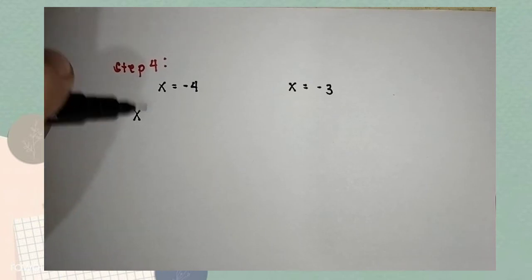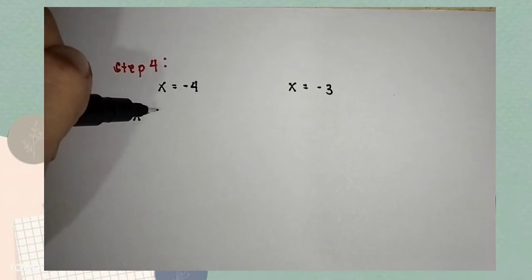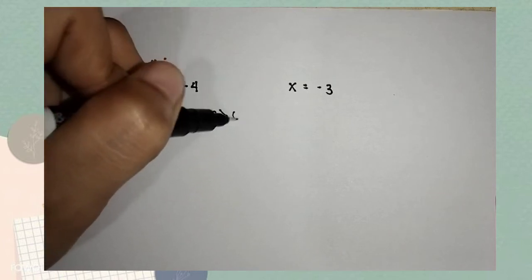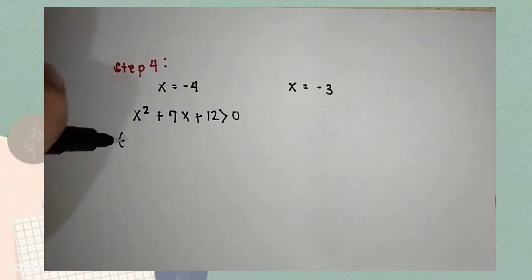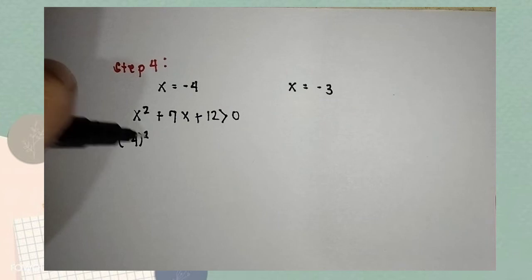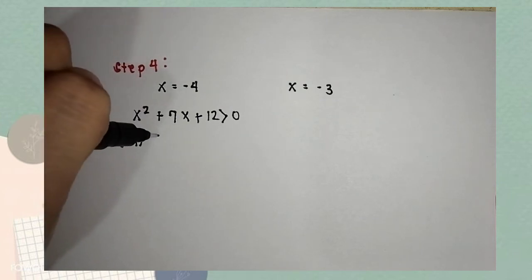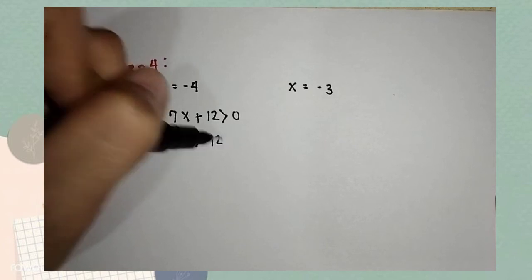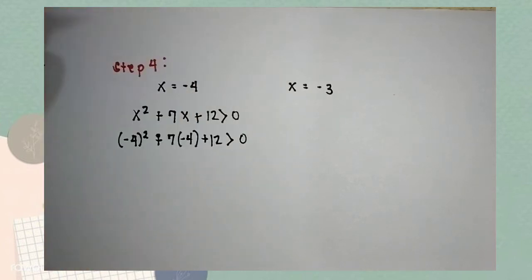So, x squared plus 7x plus 12 greater than 0. Okay, so substitute negative 4 in every x ng ating quadratic inequality. Okay, so plus 7 times negative 4 plus 12 greater than 0.